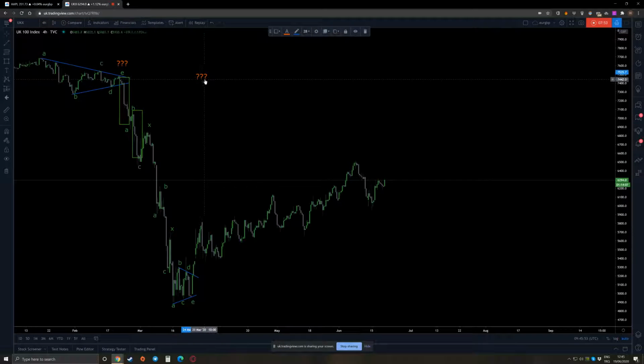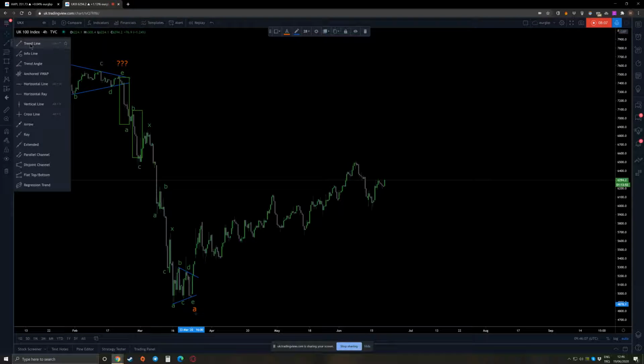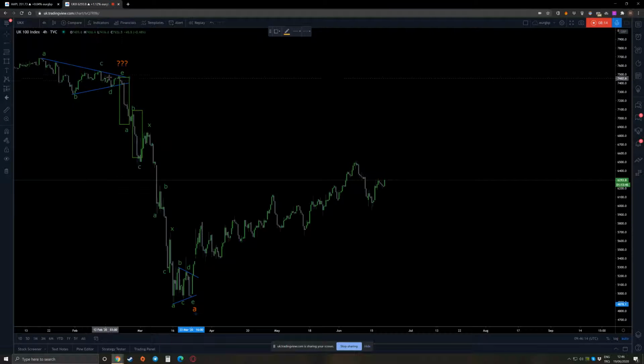Now what we needed from this triangle is this. Because this is just a move that has started, it's going to be a wave A here on this degree. Okay. Now if you have a wave A here, what you need is to go 618. Why? Because if this is the start of a move, the most likely pattern that is going to form here will be a flat.